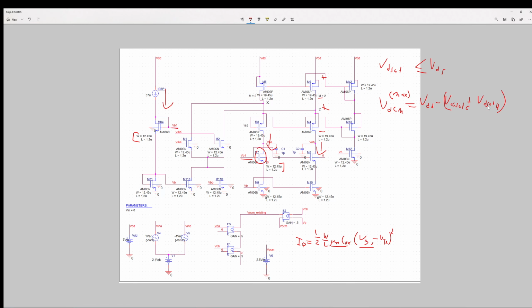And signal swing is so important because that's going to determine how large the output is, and our gain is equal to the output divided by the input, so it's going to proportionally determine how large our gain is as well, which is very important in the function of the circuit.